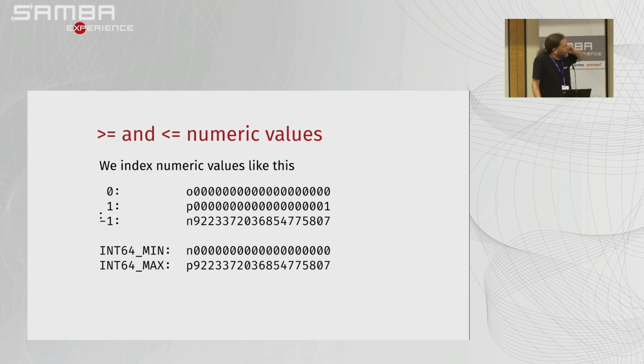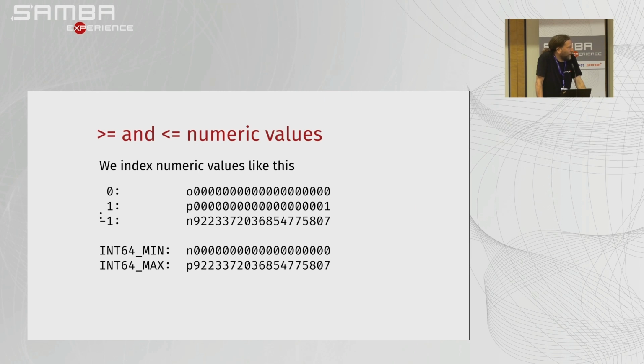And then for 0 and 1, we just pad it out to as big as a 64 max could fit. And that's what we have in the index, so it's kind of readable if you're looking at your LDB indexes, which not many people ever do, but you know, yeah.